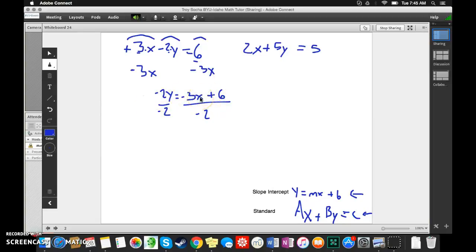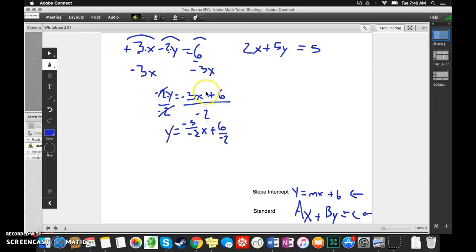Now we need to get y by itself. We have this pesky negative 2 with the y. It's multiplied, so we want to divide. We're going to divide by negative 2, meaning those cancel out. We're left with y equals negative 3 over negative 2 x plus 6 over negative 2. Alright, so far so good.